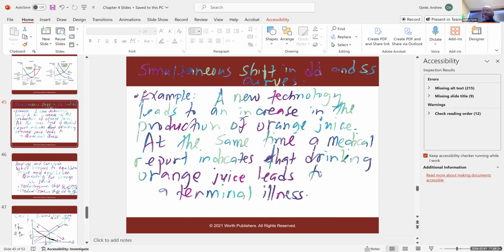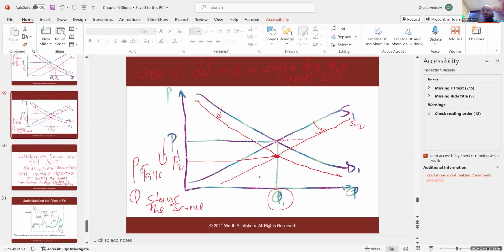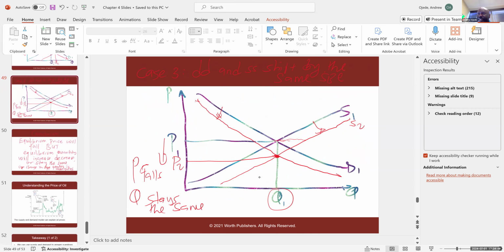Then you know you only have one case to draw. The technology impact is more, so you're going to draw that case where the supply curve shifts to the right more than the shift to the left of the demand curve. But if I don't tell you, you need to draw all three cases and be able to conclude what eventually happens to equilibrium price and equilibrium quantity. Okay? That's the way to go.